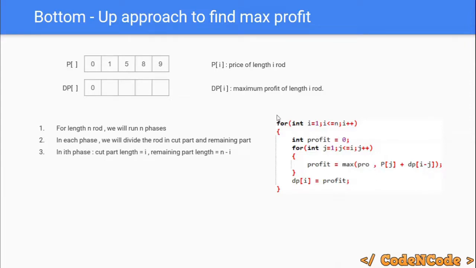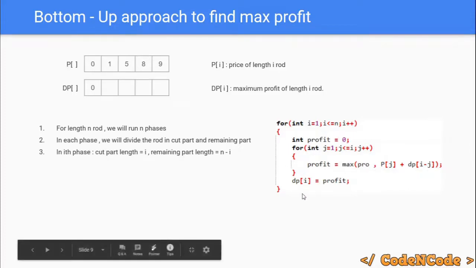And that is actually dp of i minus j. This length means i minus jth length, and dp of i minus j actually contains the maximum profit you can achieve with length i minus j, and that is why we are adding dp of i minus j here. Finally, after running all of the i number of phases, dp of i you can assign with profit, because profit will contain the maximum profit you can achieve.